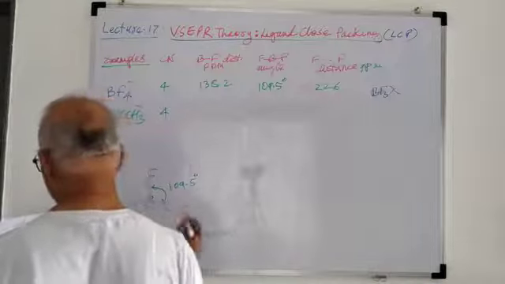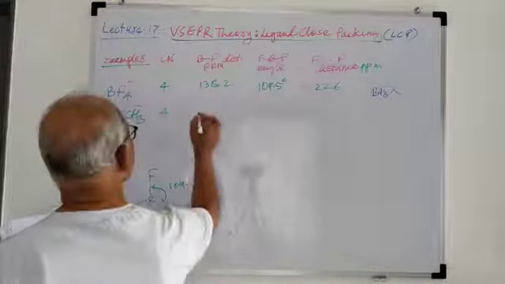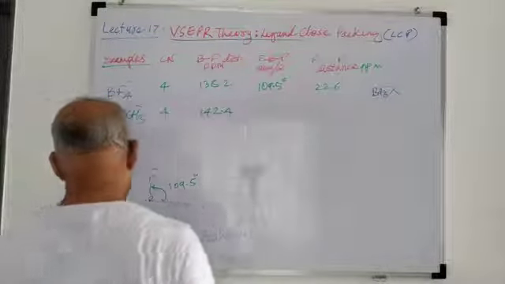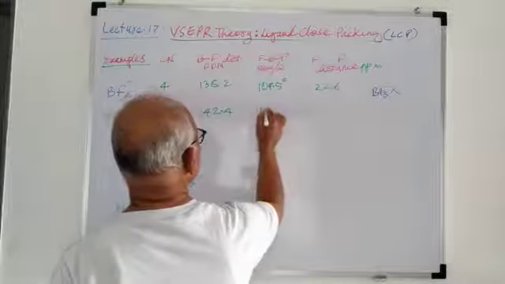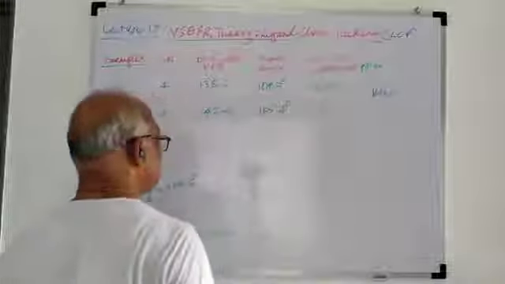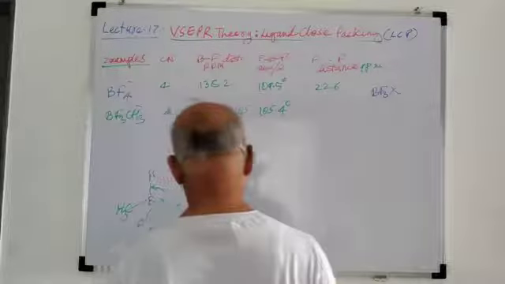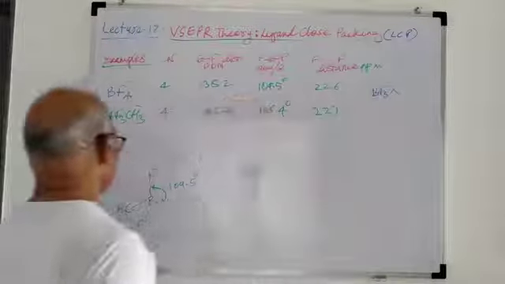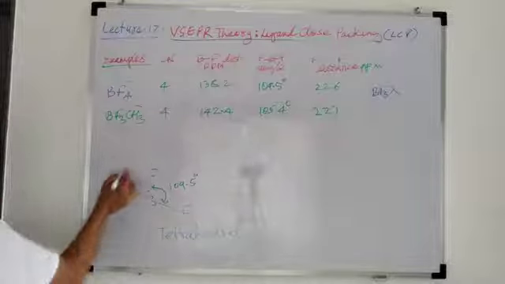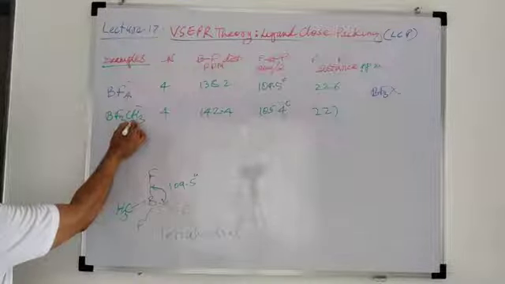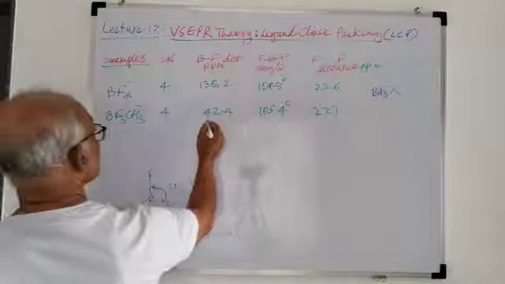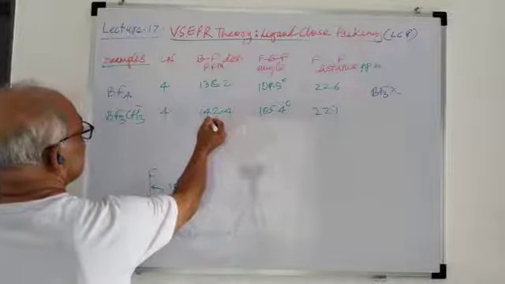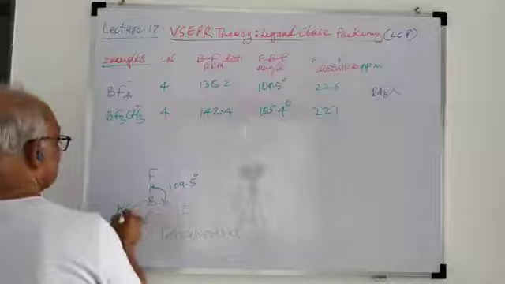So the BF distance is changing to 142.4 pm, and the angle becomes 105.4 degrees. The FF distance becomes 227. So because one F or X is taken as CH3, it shows an effect on this BF bond. The BF bond is increased because of this CH3.